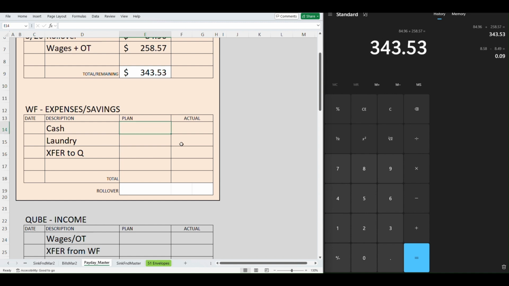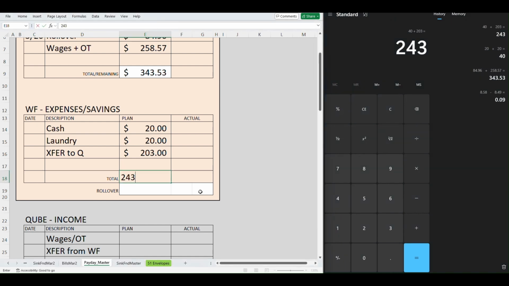And so for my expenses, this time around I decided to take $20 out in cash for my wallet, $20 for laundry, which is 2 rolls of quarters, and this time around transferring over to cubes, I decided to go with $203. So this added together on my calculator should be 243.